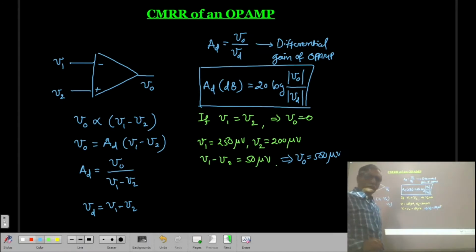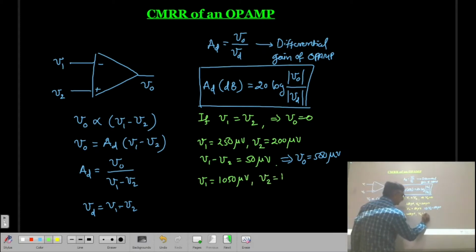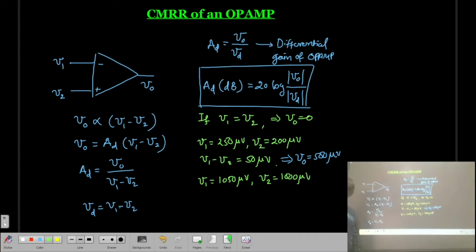Now to the same operational amplifier, if I apply V1 equal to 1050 microvolt and V2 equal to 1000 microvolt, then again the difference between the two input voltages is 50 microvolt.